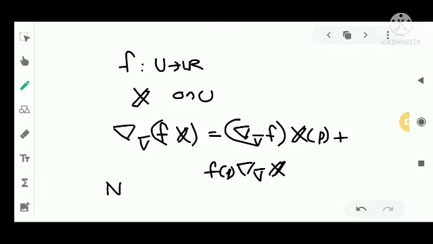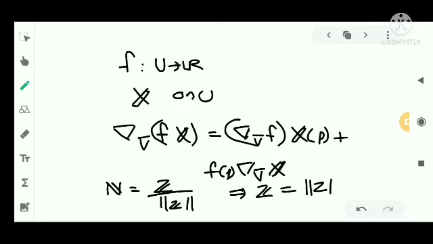We are given that N = Z/||Z||. That means Z = ||Z|| N. So here ||Z|| is a scalar function and N is a normal vector field.